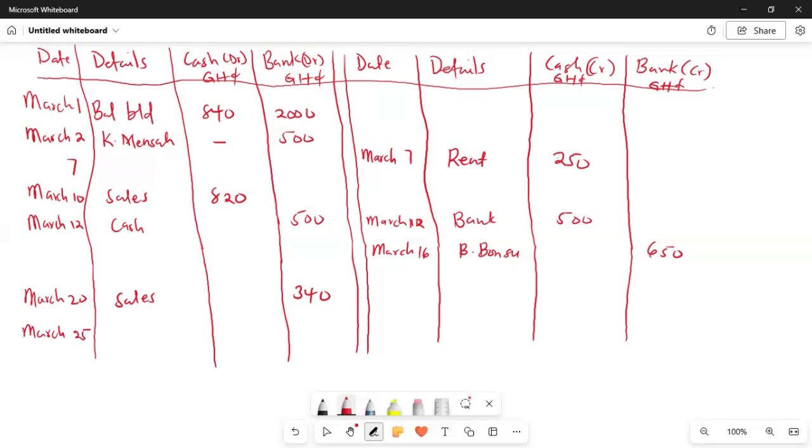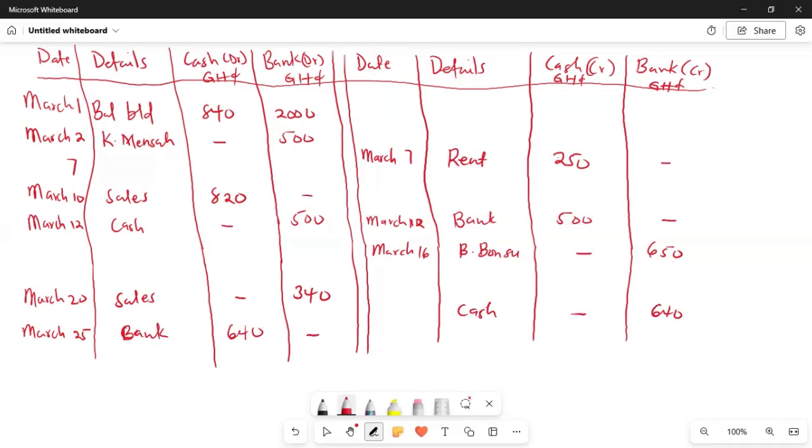If bank is giving, then we credit bank and write cash here. The bank is giving to cash, and cash is receiving from bank. So we come here and write balance brought forward. Let's put a dash where we couldn't write anything.